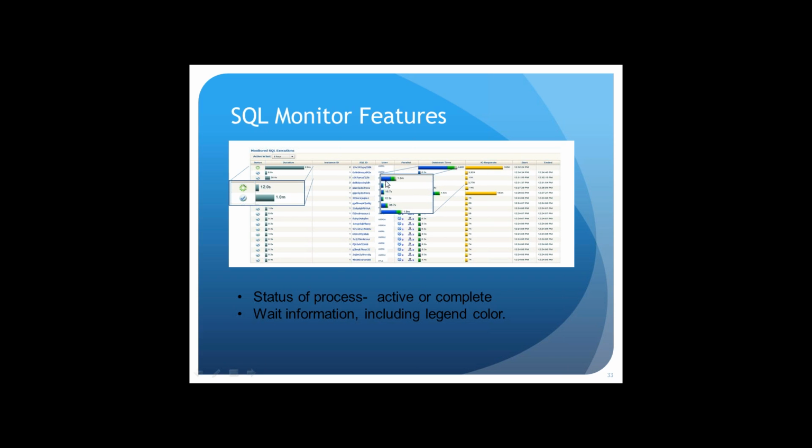I always like this because it gives you a very high-level look at what wait events are included. This is I/O, of course, blue, and then you've got your green for your CPU, and then it's got an other that you'd have to look at. You can click on any of these and drill down and see more information about them. The same thing goes with your I/O requests, and any one of these that are highlighted in blue, you can click on.